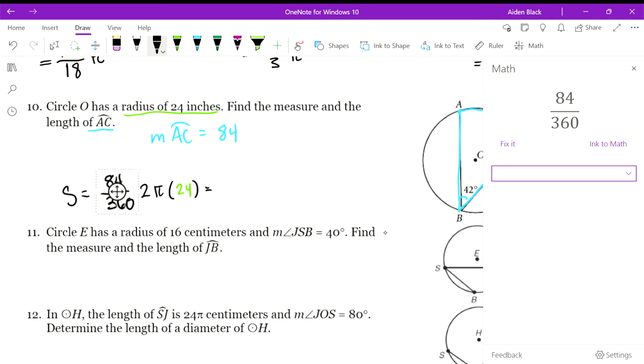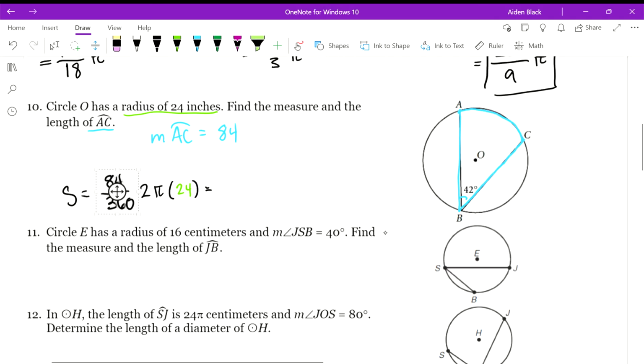Well, we know for sure 2 is going to work. How about 4? 4 will work. Let's just start with 4. 84 divided by 4 is 21, and 360 divided by 4 is 90. I think these are both divisible by 3. We'll move on though.